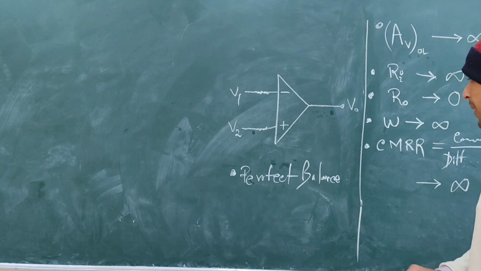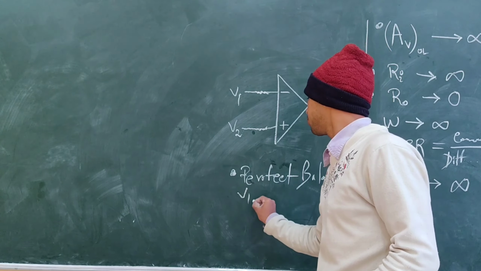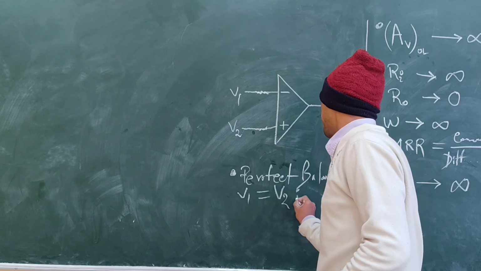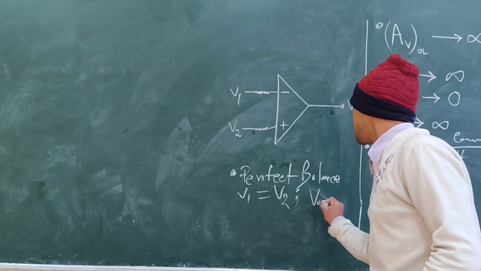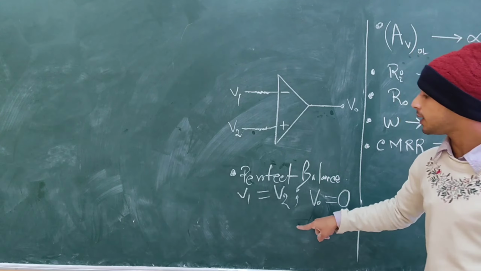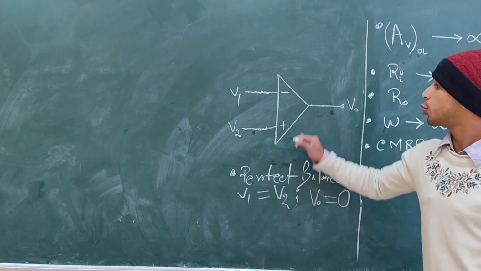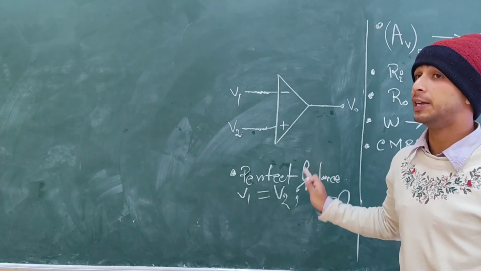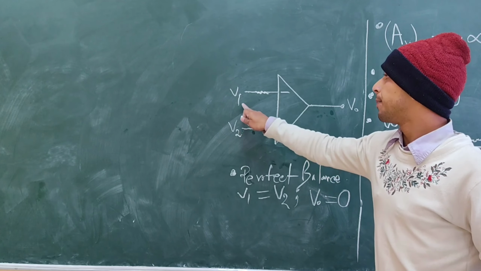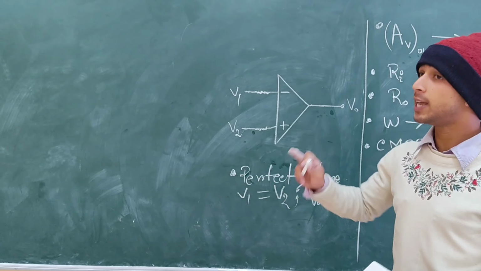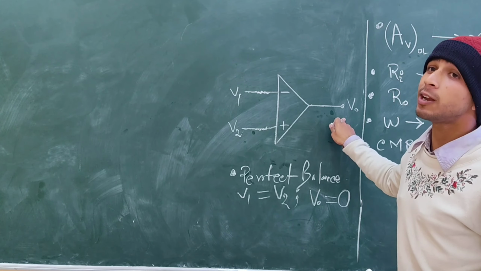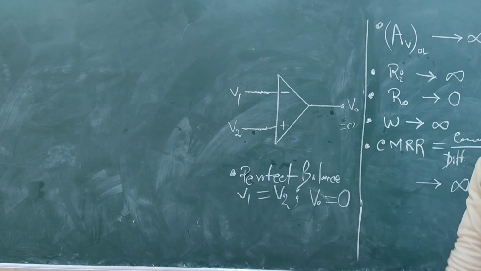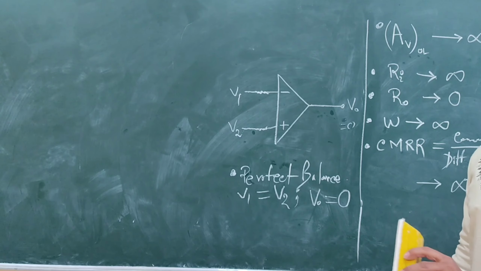Means if V1 equals V2, you will get no output, means V0 will be 0. This condition is called perfect balance. So an ideal op-amp shows perfect balance, means if you apply the same V1 and V2 to an ideal op-amp, you will get V0 equals 0. So these are the 6 properties of an ideal op-amp in open loop condition.